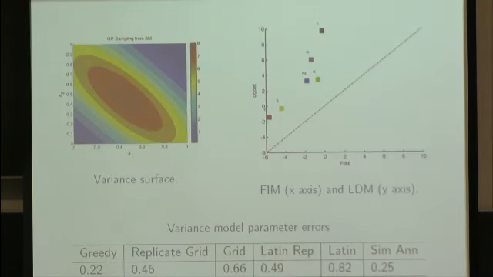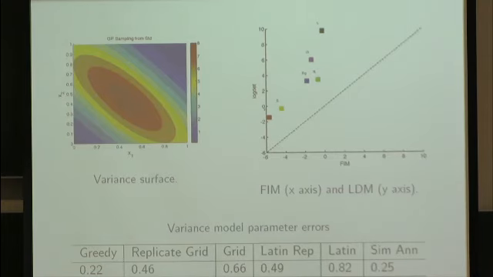I have a few of these plots, so I need to explain it. This is the Fisher information, the log determinant of the Fisher information matrix, and over here it's the log determinant of the empirical covariance matrix of the maximum likelihood estimation of the parameters.